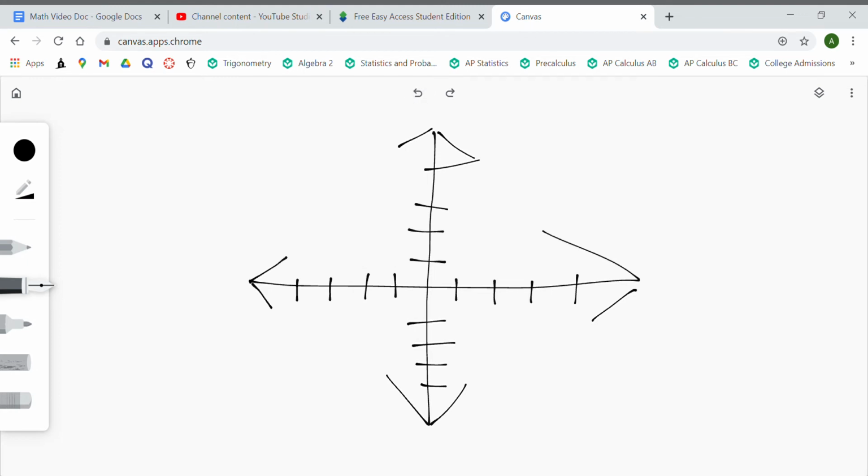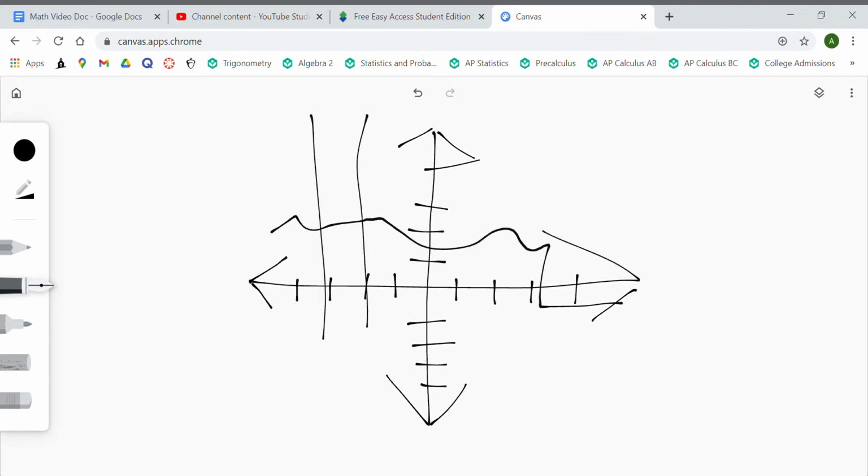How about this one, though? Is this a function? Tell me if it is. No? Let's examine.